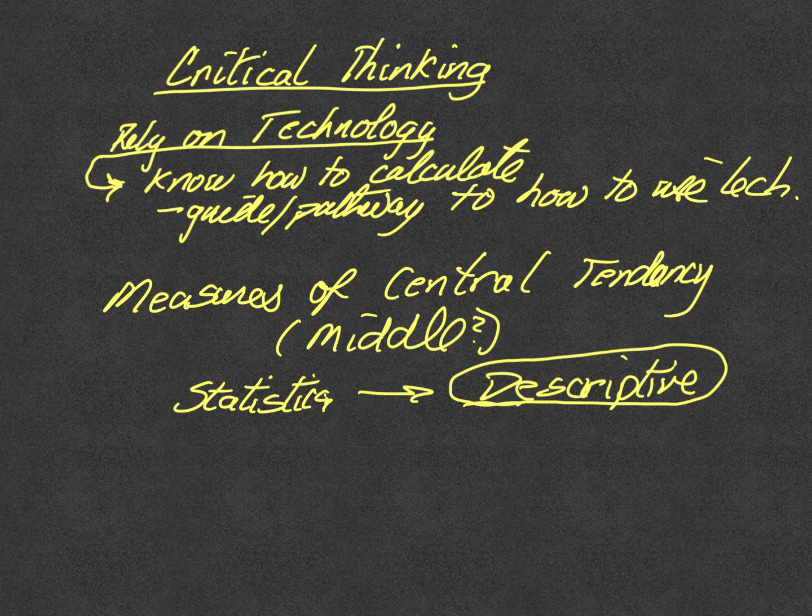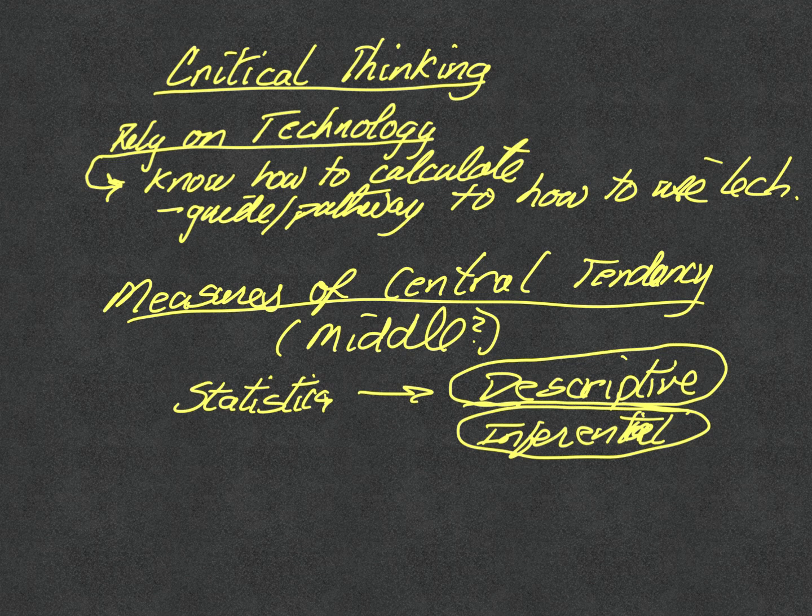Later on, we're going to do something called inferential statistics, where we make decisions based on the descriptive statistics that we have found. All right? So here we go.